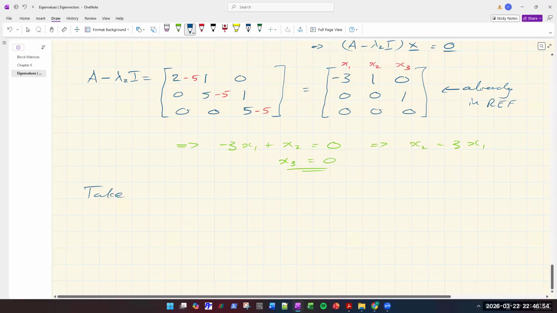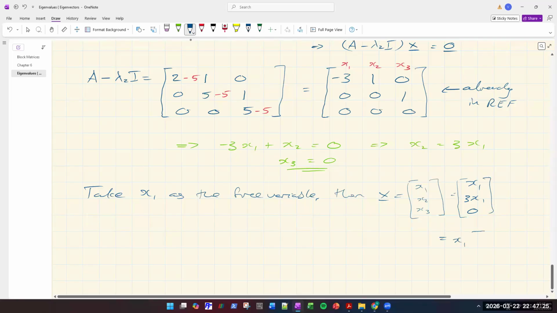Let's just say we take x1 as the free variable. Then x is x1, x2, x3. x1 is the free variable, so x1 is x1, x2 we found to be 3x1, and x3 is always 0. So factor out x1: 1, 3, 0.